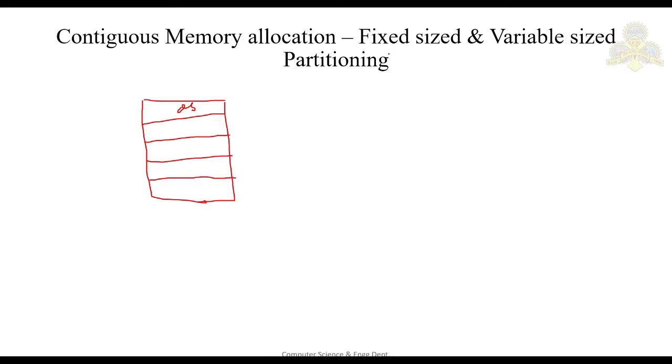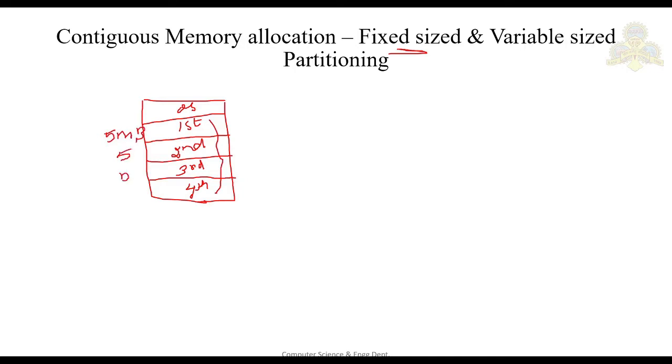In fixed size or equal sized partitioning, each partition is of fixed size. Suppose this is the first part, this is the second part, this is the third, and the fourth part, and all these four parts are of fixed size, say 5 MB.